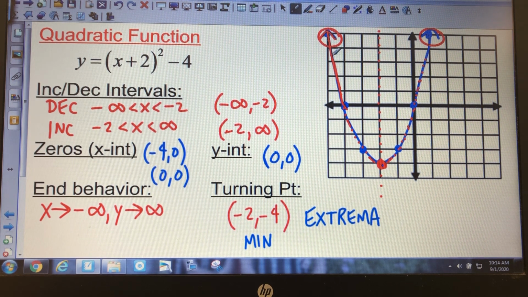Because as we're going to the left, x is going to the left, y is going up. Okay? Your right-hand end behavior, as you're going to the right, your x is going to the right, your y is going up. So, your right-hand end behavior, x approaches positive infinity, y approaches positive infinity. Okay? And there you have it. So that's a typical quadratic function.